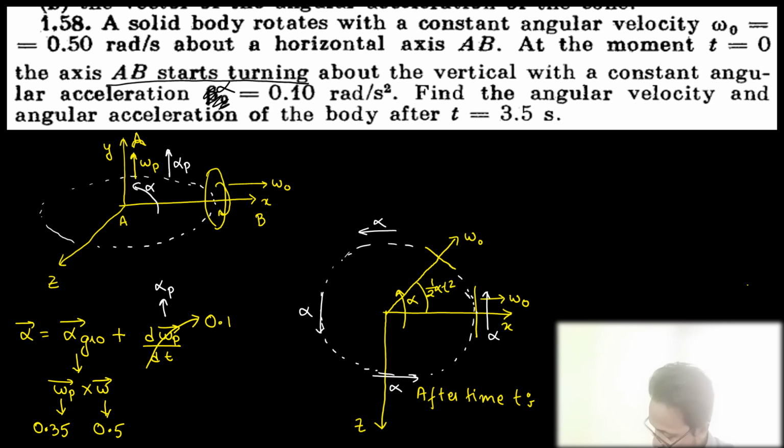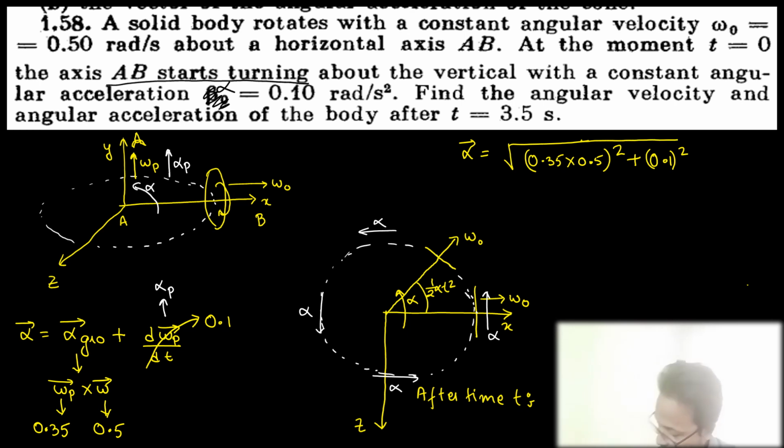So angular acceleration here is equal to the square root of 0.35 into 0.5 whole square plus 0.1 whole square. Okay, it is similar to centripetal force. If the velocity is changing with respect to time, what happens? There are two components of force, one is the tangential component and another is the centripetal component.